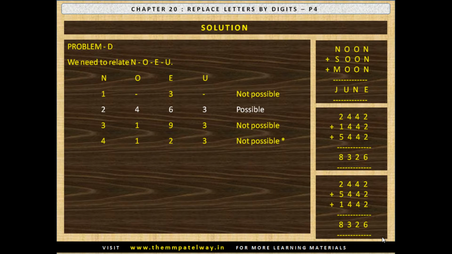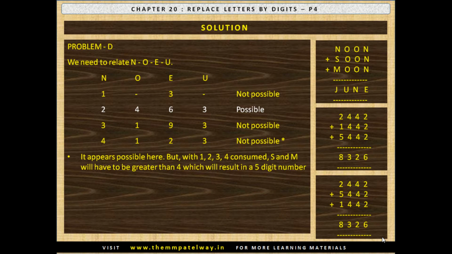Next is N equals to 4, O will be equal to 1, E will be equal to 2 and U will be equal to 3. This is also not possible. Initially this appears to be a possible condition, but with 1, 2, 3 and 4 consumed, S and M will have to be greater than 4, which will result in a 5-digit number for total.